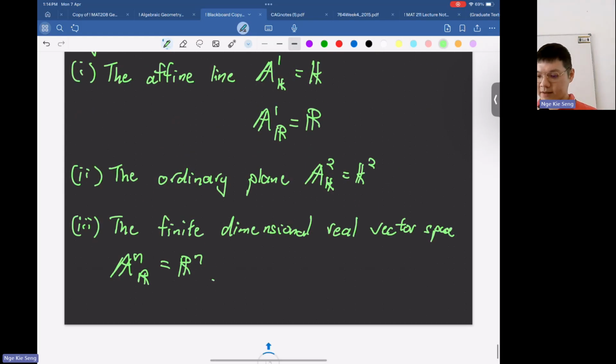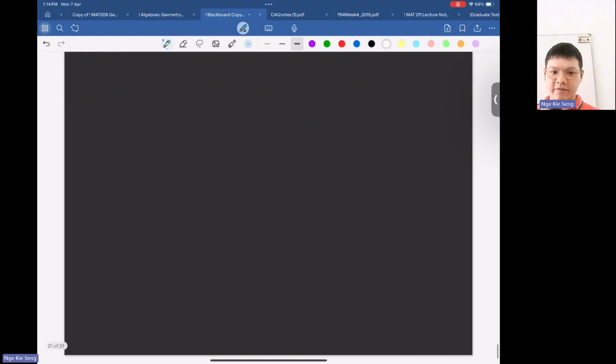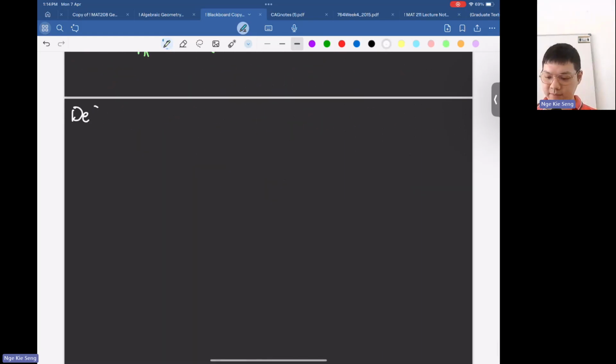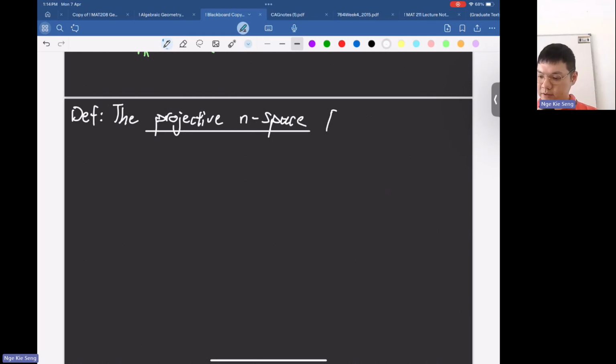Okay. Next, we're going to define projective n space. So what is projective n space here? We use P, for projective, similarly with a power n and a subscript K, again over the field.